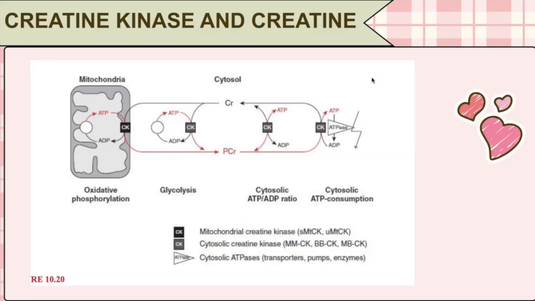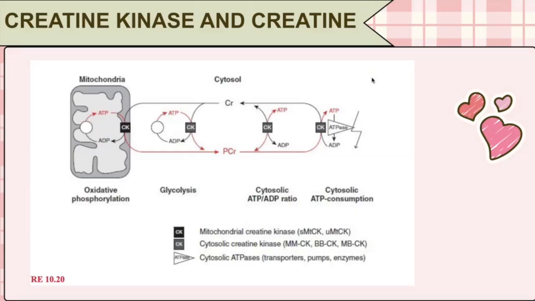We really depend on it, so there are a lot of sensors to the energy. So the creatine kinase and creatine system solves an issue for us. As you see, we have mitochondrial creatine kinase, cytosolic creatine kinase, and cytosolic ATPase. We have ATP in the matrix, right?